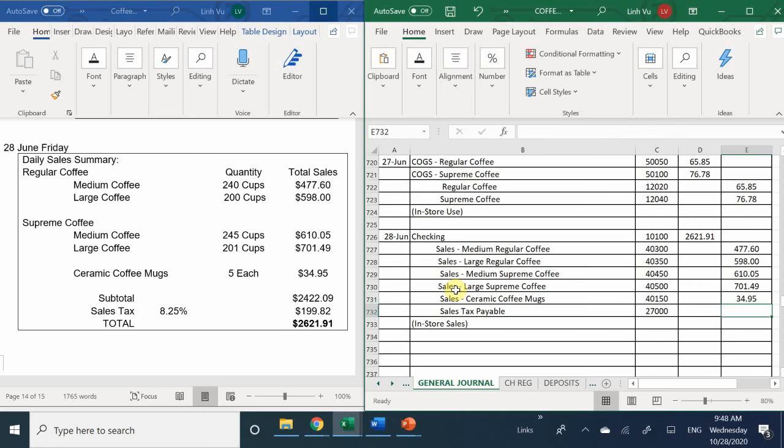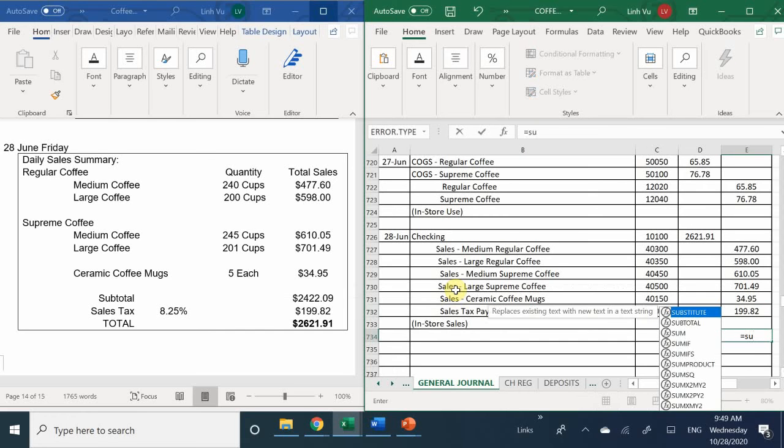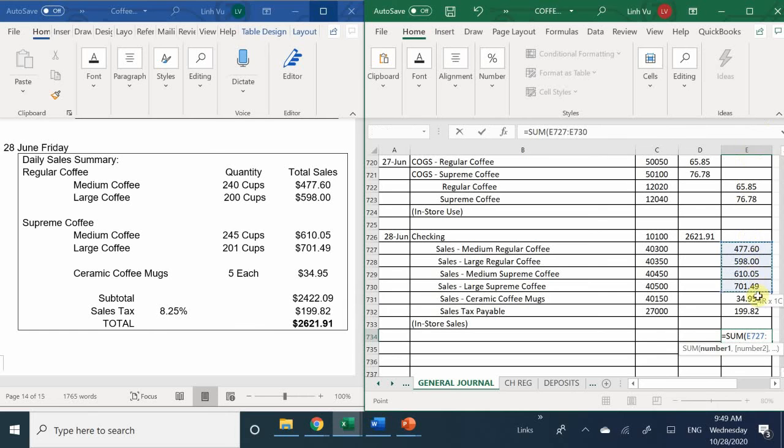Good. And then for the sales tax payable, $199.82. All right, let me just double check my work here. 2,621.91. Good.